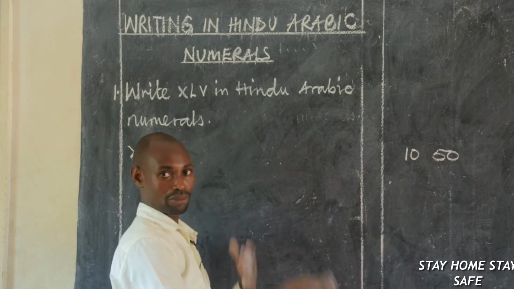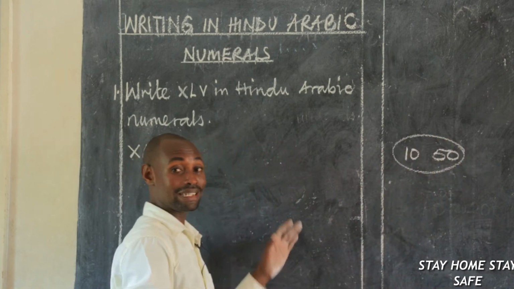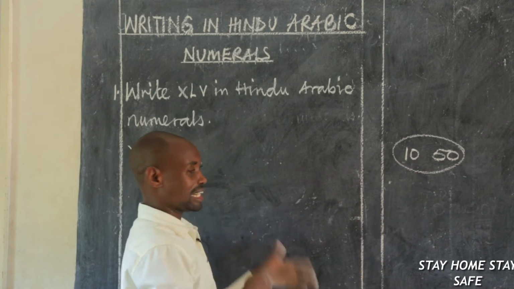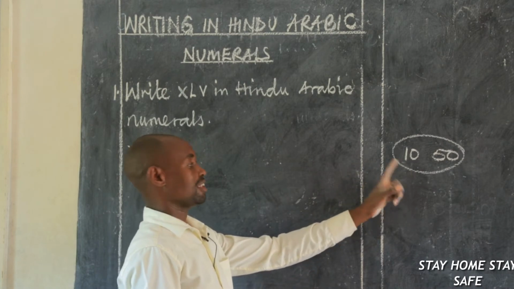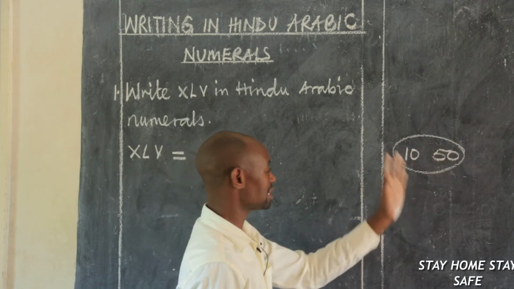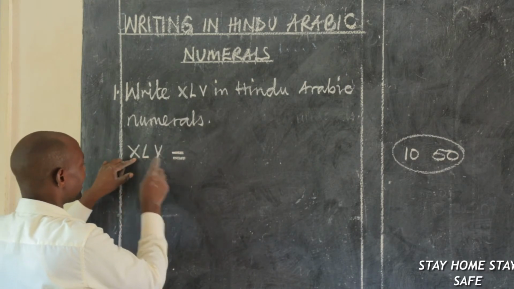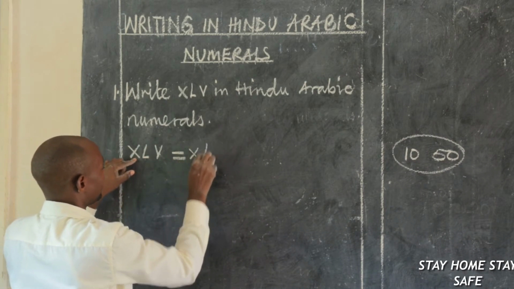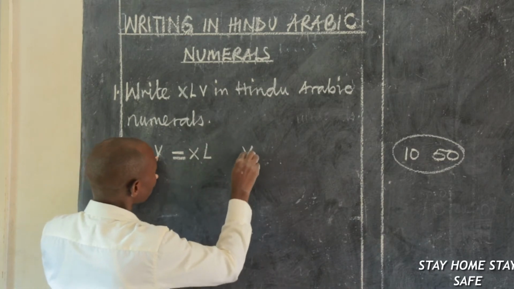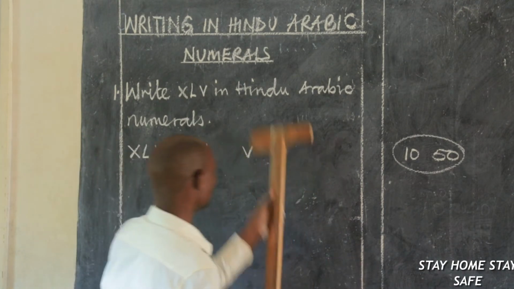Now, the moment a smaller number begins, then you just know that this one is supposed to be subtraction and you are not supposed to separate the two. When a smaller value begins, that one you are not supposed to separate. And so what do you do? You subtract. Therefore, X is smaller than L, so X and L will remain together as XL. Then V, I put it there.